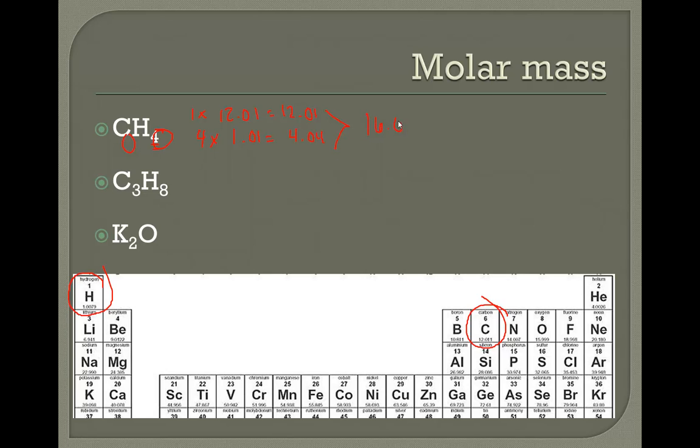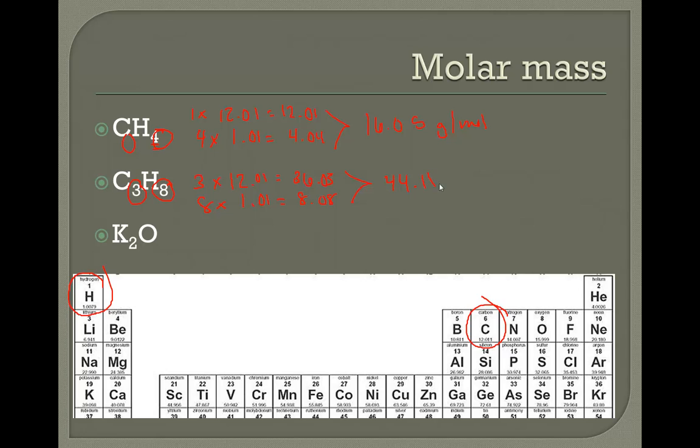That's it. We have 3 carbons, once again at 12.01. We have 8 hydrogens, once again at 1.01 by looking on the periodic table. Multiply and then add them together to come out to be 44.11 grams per mole.